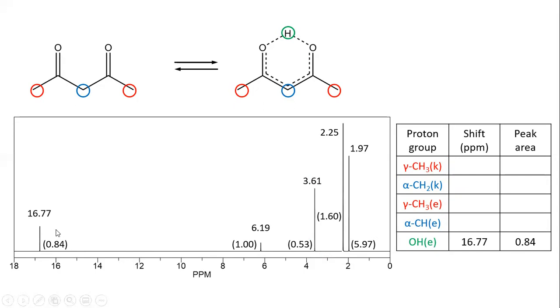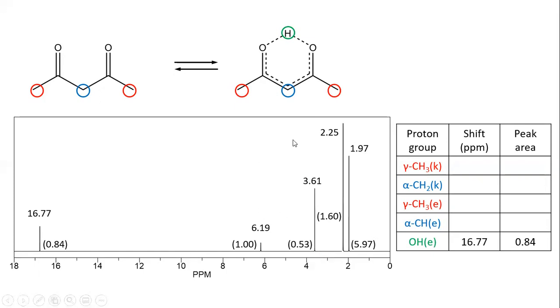Okay, so first we notice that everything here is a singlet, so it's not going to help us, because we cannot use the information about the splitting to interpret the structure, right? But what we can do is use the ratio here.